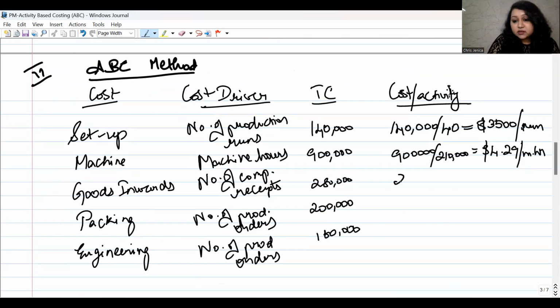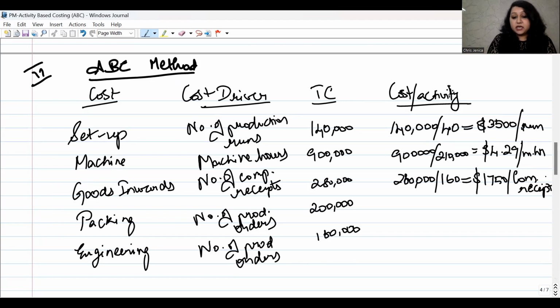Now we will divide that. 2 lakh 80,000 divided by 160. So it's going to be 1750 per component receipt.